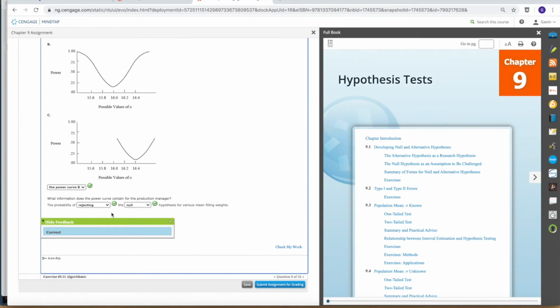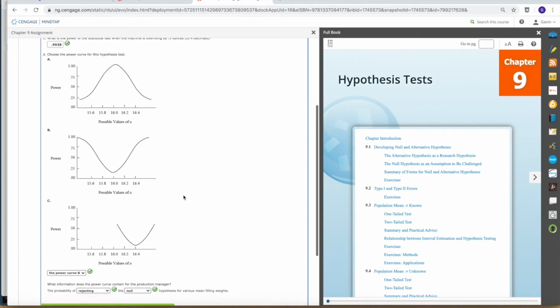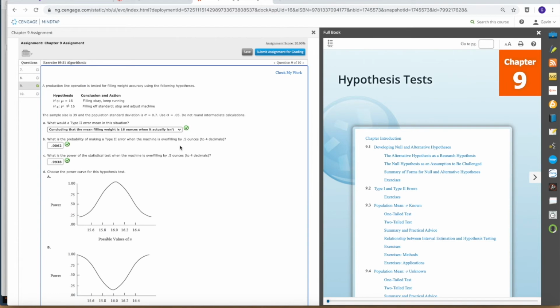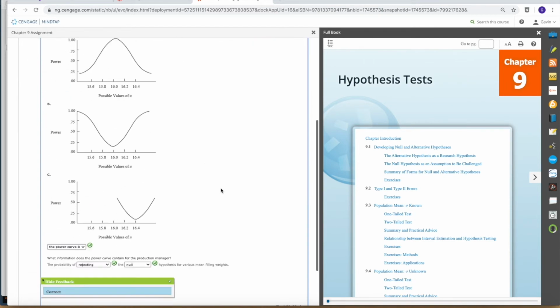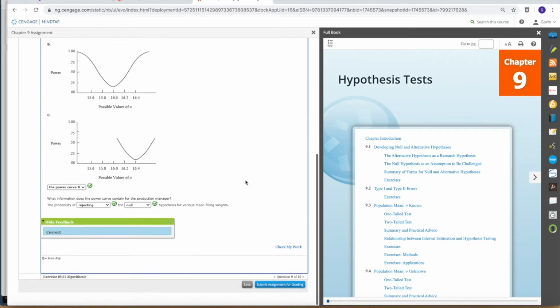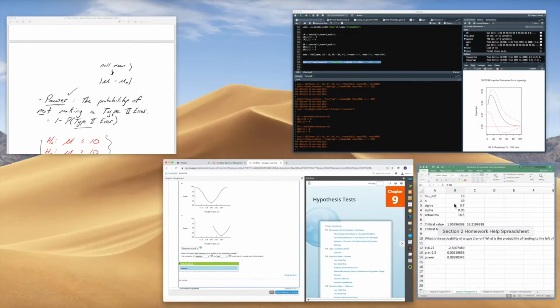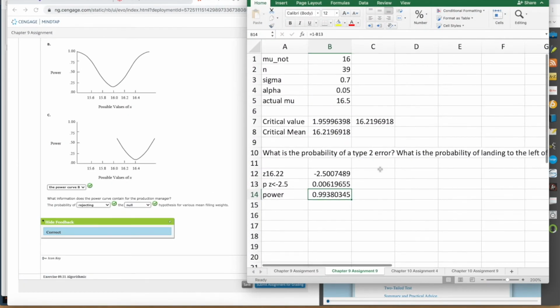So it's the probability of rejecting the null, because we want to reject the null hypothesis in this case. So that's more powerful when we can. So this is the probability of rejecting the false null as the true value gets farther away from that null hypothesis. All right, so those are the calculations for that one.